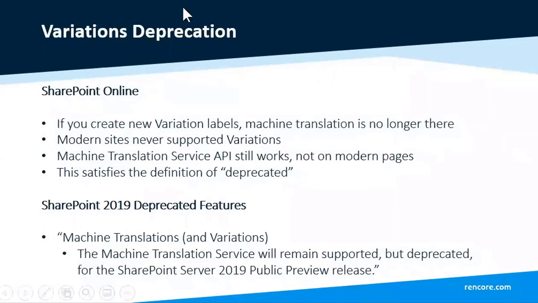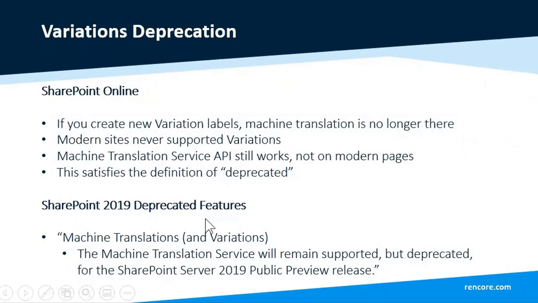So as I was saying, SharePoint Online, variations, labels. If you had existing ones, they're there, but machine translation is no longer there. Modern sites have never supported variations at all. So SharePoint variations is essentially deprecated.